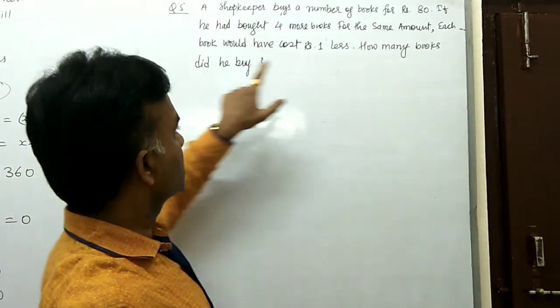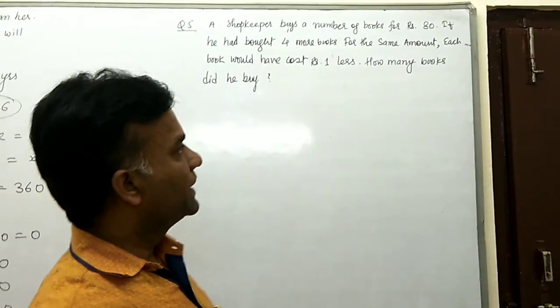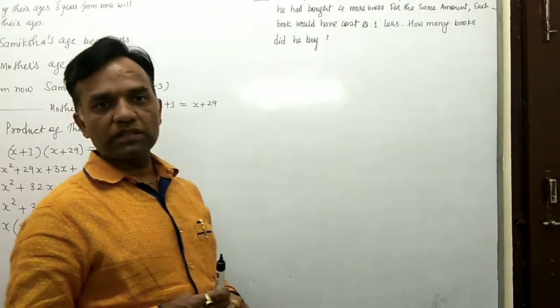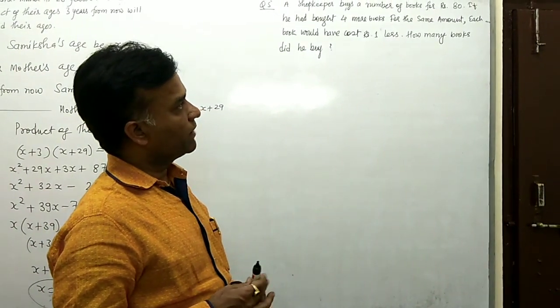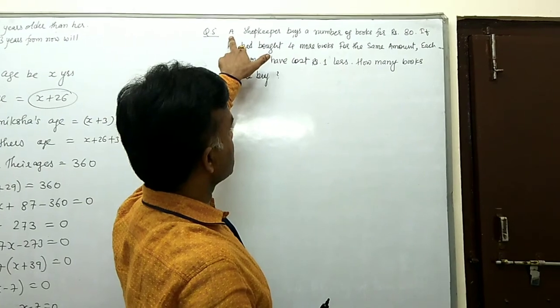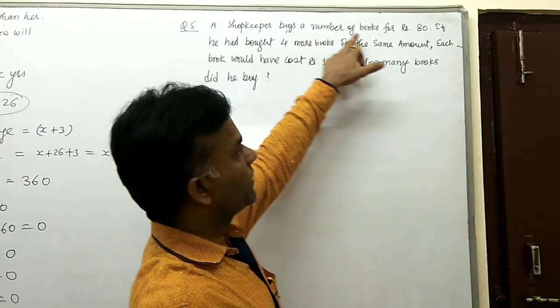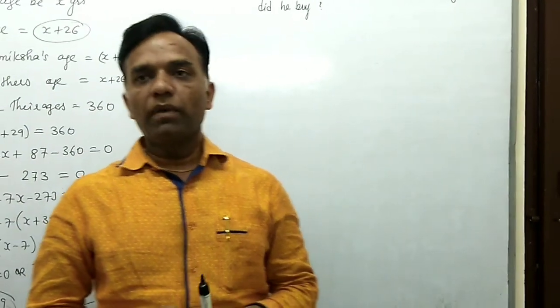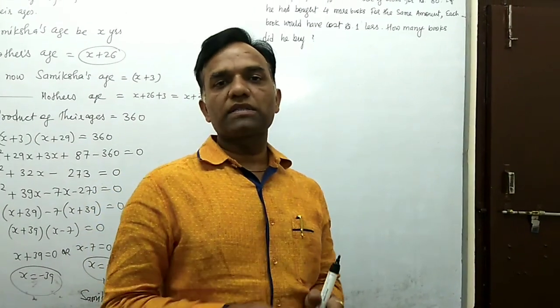How many books did he buy? The number of books is not given, but their cost, 80 rupees, is given.